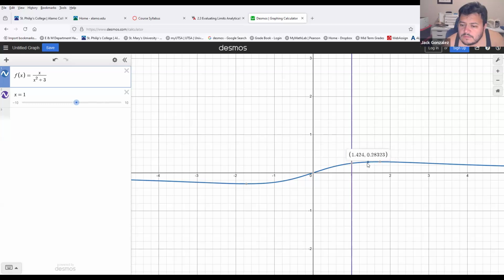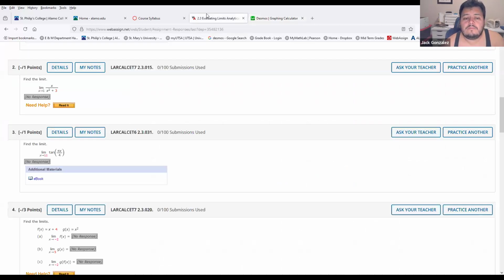From the right side, sorry, 0.25. Yeah. So I'd say the limit is 0.25. But try plugging it in, you should get the same thing.